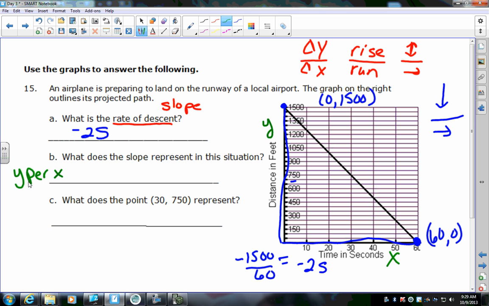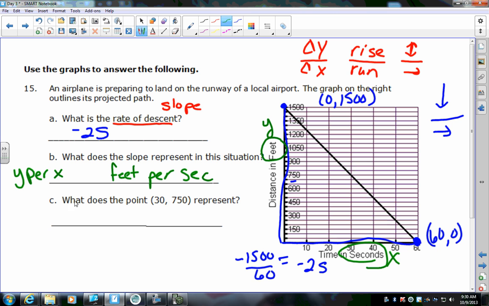Y is the distance in feet, so it will be feet per, and on the x-axis, it's the time in seconds. So it's feet per second. That's how fast that plane is going down, feet per second. When they ask you what the slope represents, think y per x, and look on your graph, whatever the y is, per whatever the x is, that'll help give you your answer.